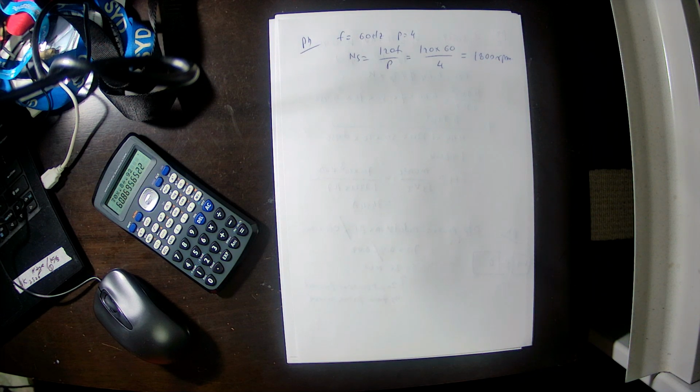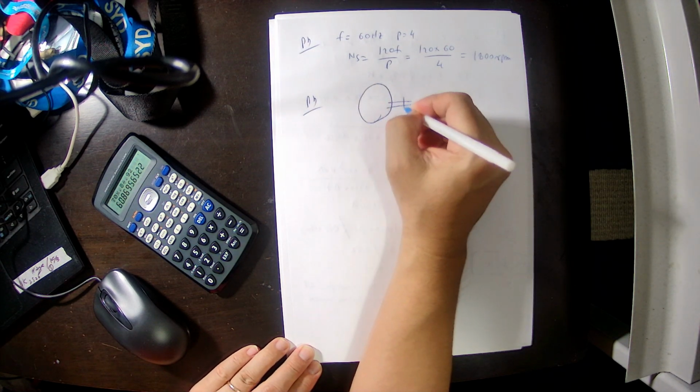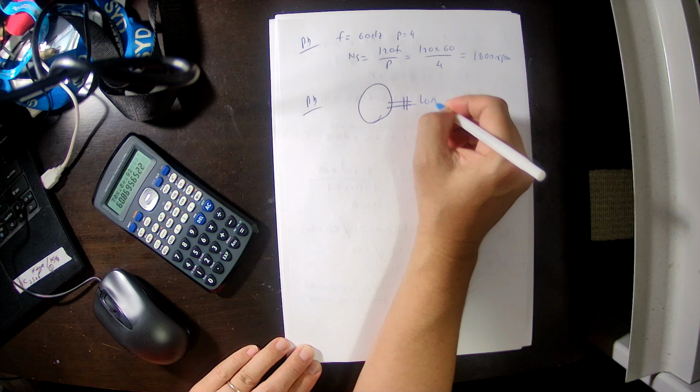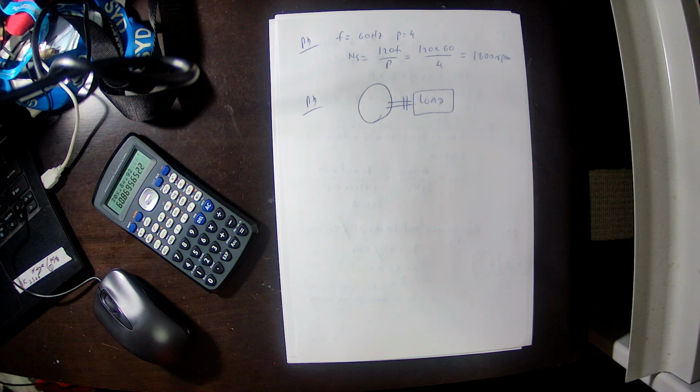Also, a 3-phase 415 volt synchronous motor takes a current of 75 ampere at full load, normal excitation, while driving a 50 kilowatt load. We have to calculate the input power to the motor. So this is the synchronous motor here, and this is the load.